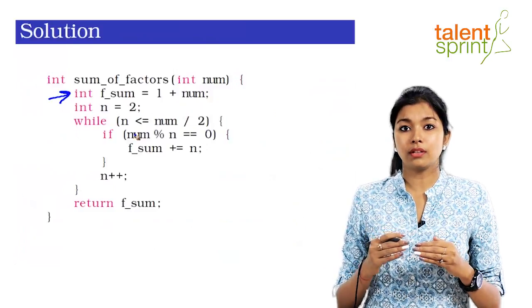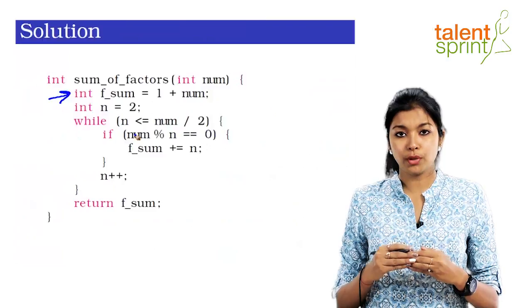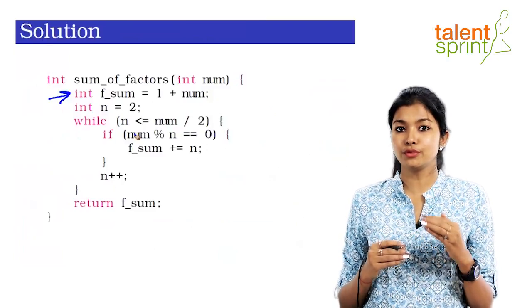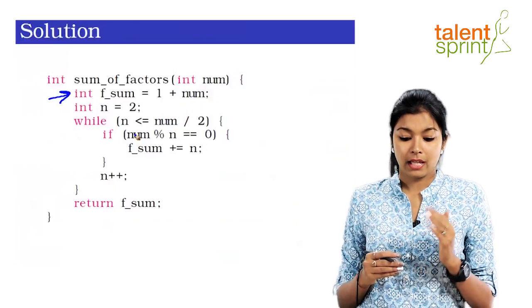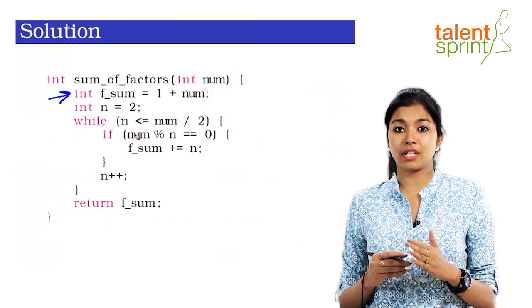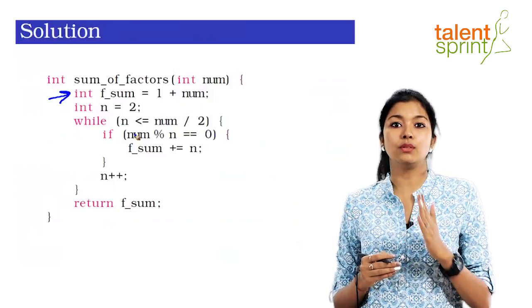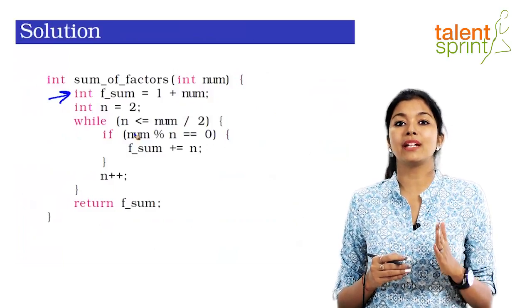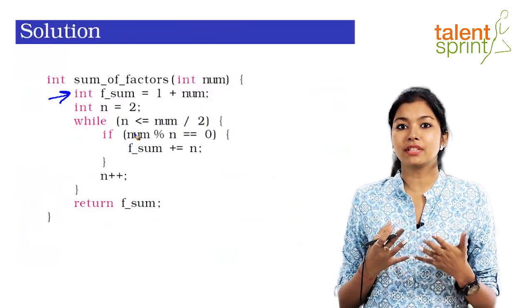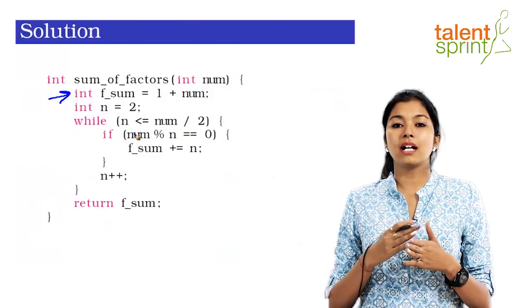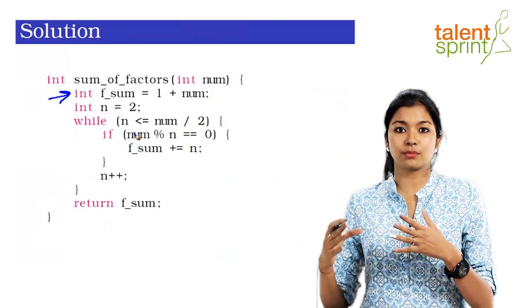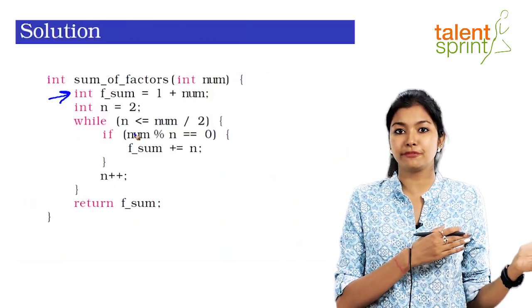So now moving on, we'll start our loop from n equals 2. Since 1 we have already added, we need to check from 2. And we will not check till the number, we'll only check till n by 2. The simple reason for that is after n by 2, the numbers that come are simple multipliers or squares of the numbers that have passed before.